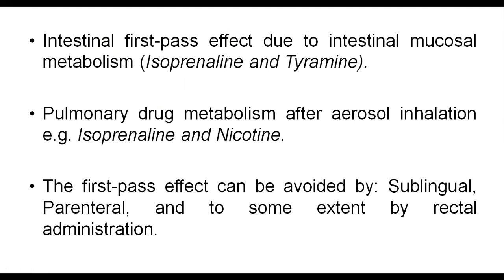Now, the first pass effect can be avoided by administering drugs using the sublingual route. And obviously, if you administer a drug using the parenteral route, it won't have to go through first pass metabolism, and to some extent by rectal administration, because in the rectal plexus we have a lot of veins, arteries and capillaries.